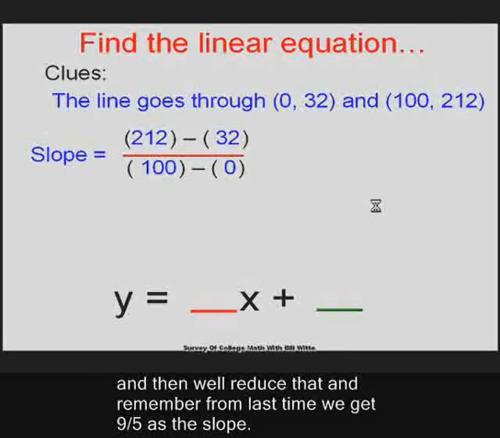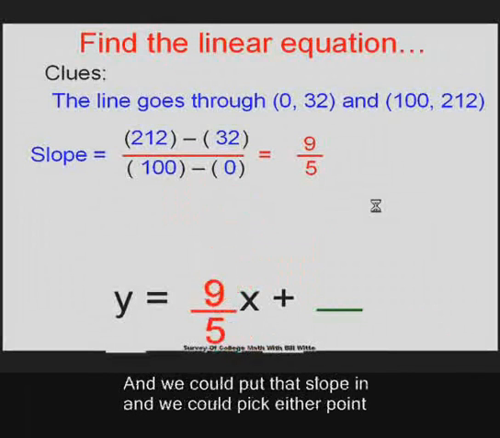In this case, I think you remember this problem was about temperature. 212 minus 32 over 100 minus 0, that is y2 minus y1 over x2 minus x1. Let's see what that comes out to. 212 minus 32 is 180, and 100 minus 0 is 100. Well, let's reduce that. And do you remember from last time we got 9/5, and that's the slope.